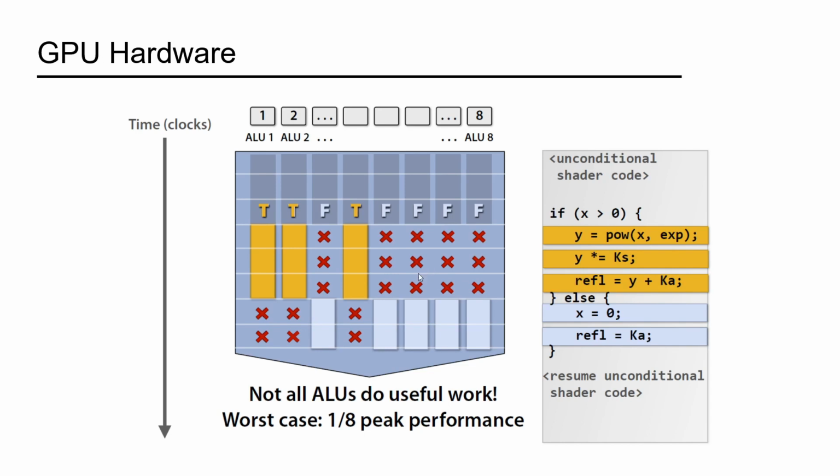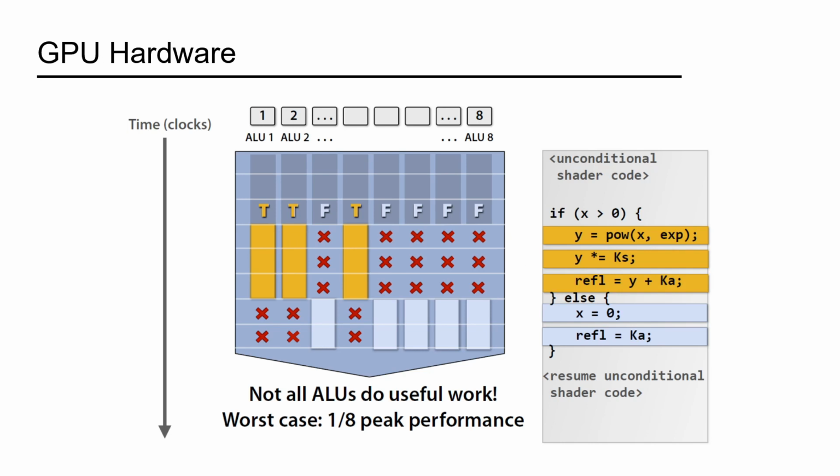In this particular example, we have about a 0.5 times slowdown because each thread is executing about twice as many instructions as it needs to. But in the worst case scenario, we could have 8 possible outcomes of this branch, and each thread would execute all 8 outcomes, which would result in a worst case of 1 out of 8 peak performance.